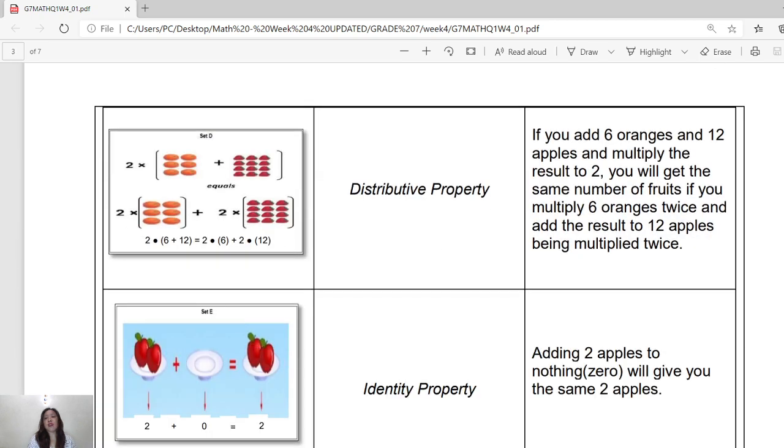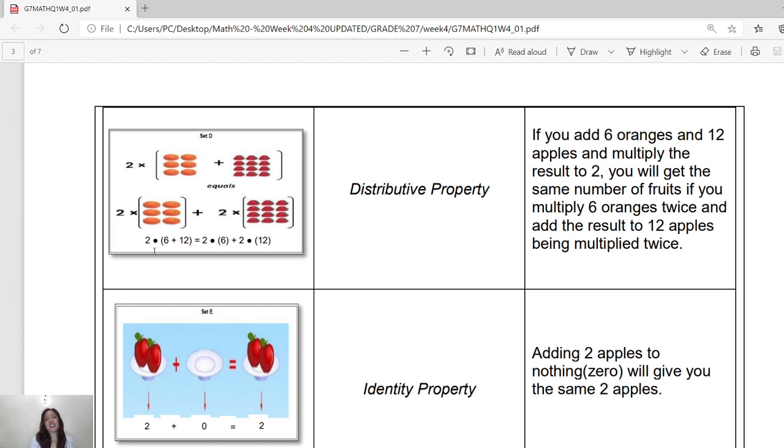Another one, we have the distributive property. We have 6 oranges plus 12 apples. The result of adding them and multiplying by 2 is just the same as 6 apples times 2 plus 12 apples times 2. They are just the same.